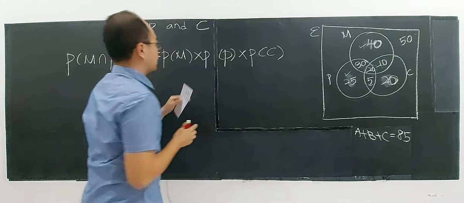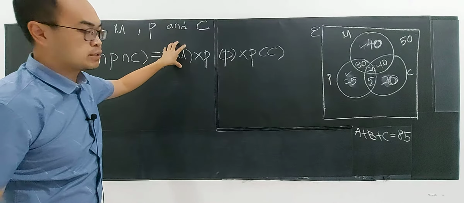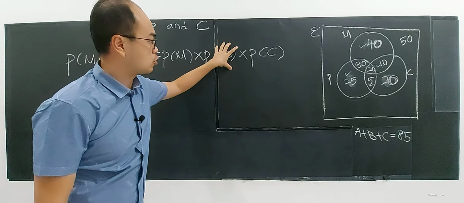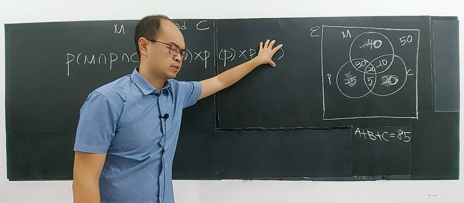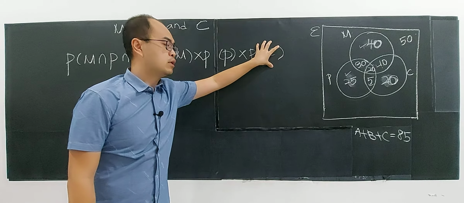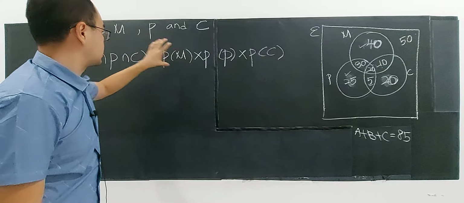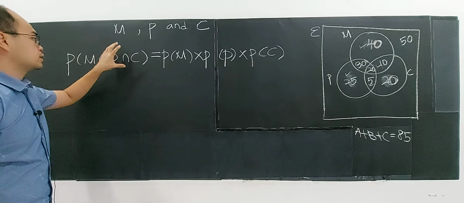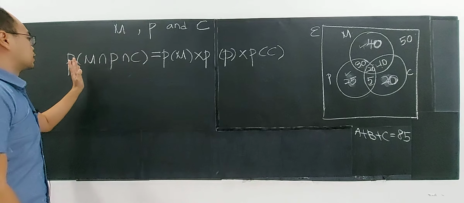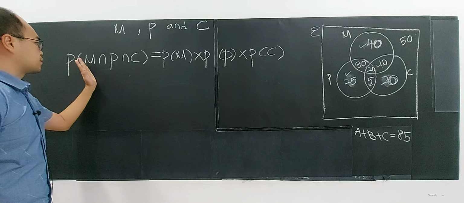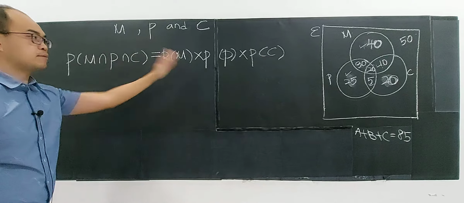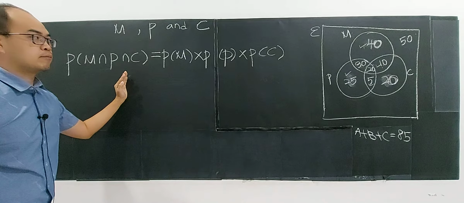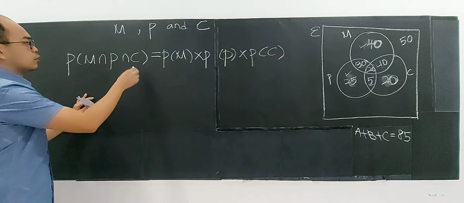If you multiply the probability of scoring A in mathematics, in physics, and in chemistry, and the value is the same as the probability of the intersection of the three, then we say that they are independent. So this is the rule, but we don't know yet.